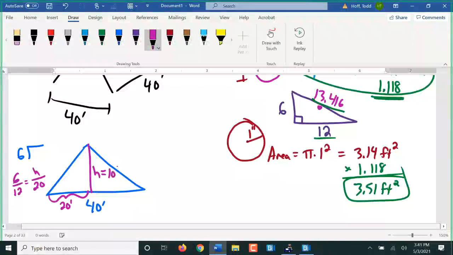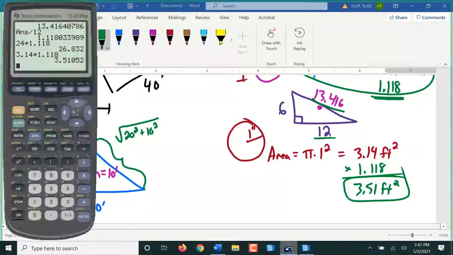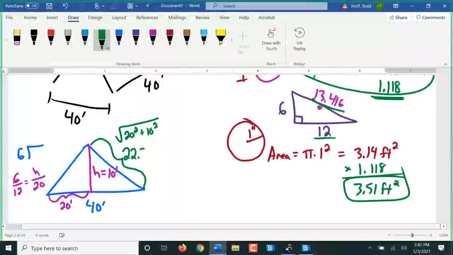So yeah, h is 10 feet. That means this length here is the square root of 20 squared plus 10 squared, 22.361 feet.